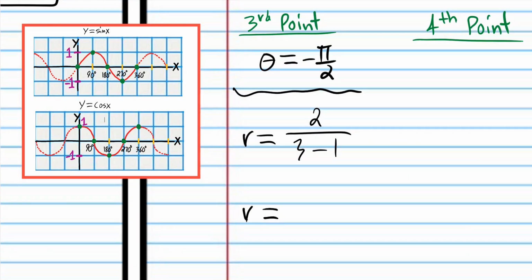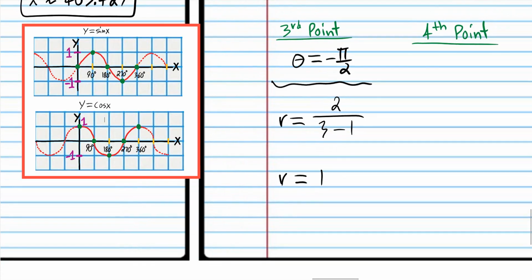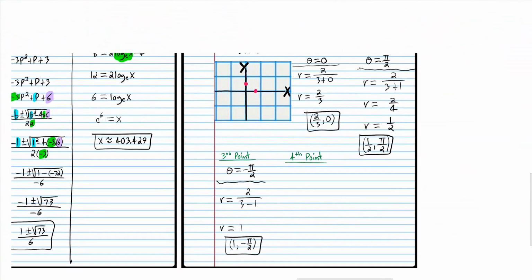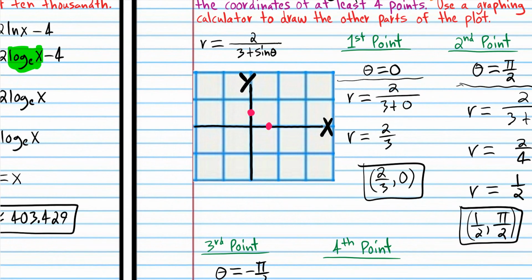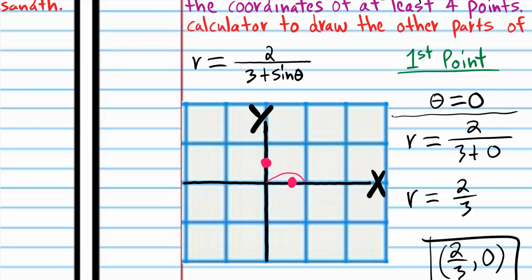So r is equal to 1. And the point that we're looking for is 1, negative pi over 2. So we're going to count out 1, and then we're going to rotate negative pi over 2, which again is negative 90 degrees.